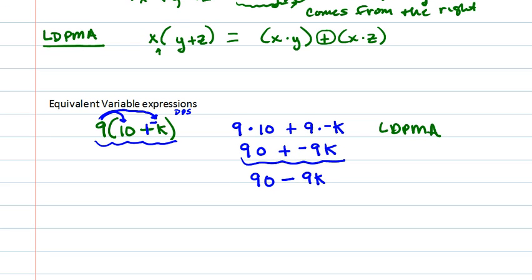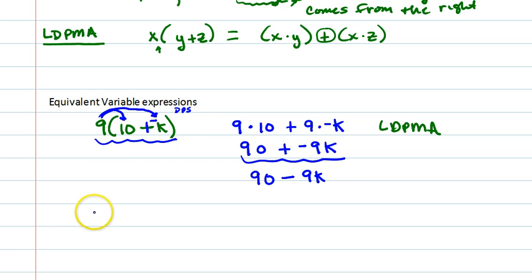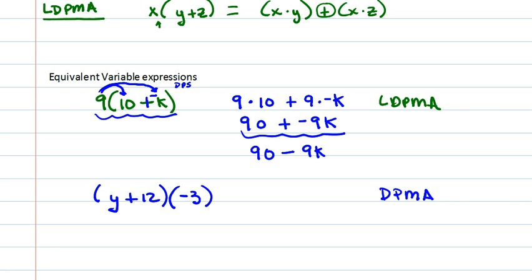Let's try another one of these. Let's say I have y plus 12 times negative 3. I have addition and I have multiplication. My multiplication is on the right side, so I'm going to call this the distributive principle of multiplication across addition. Because my 3 is being multiplied, I'm going to distribute it across my addition sign.